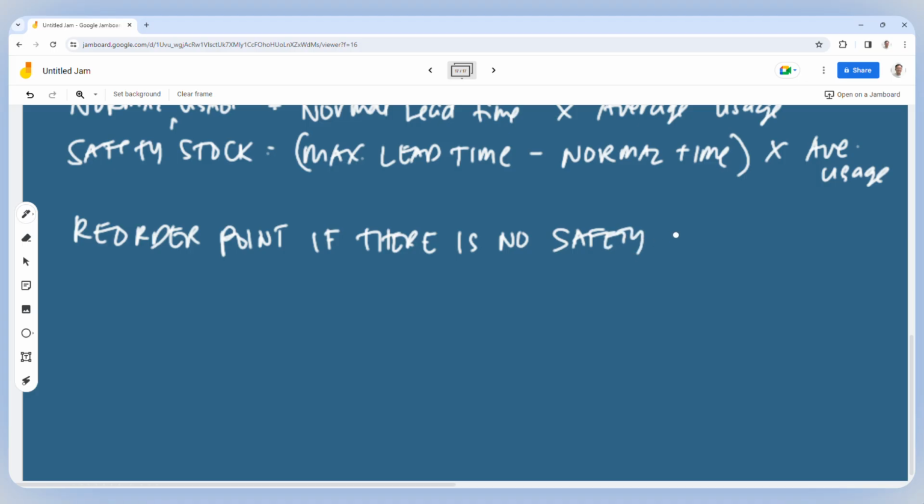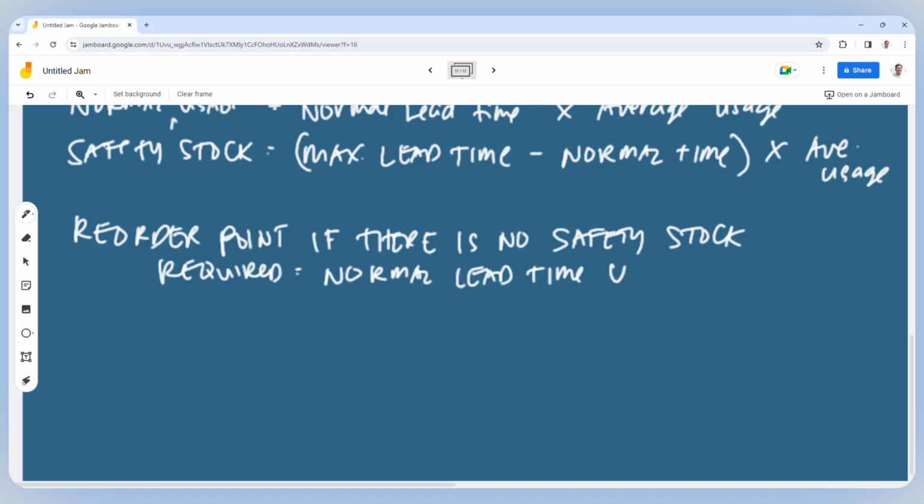Paano yon? Alright? Ibig sabihin, yung ating required ay yung ating normal lead time. Again, ano class yung normal lead time?